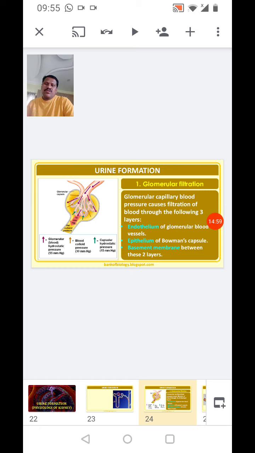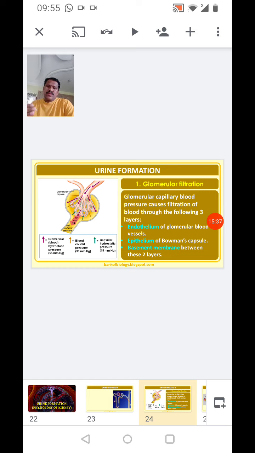Among the podocytes also, minute pores are present, known as filtration slits or slit pores. Through the fenestrations of the glomerulus and the filtration slits of Bowman's capsule, the blood is filtered. Between the endothelium of the glomerular capillaries and the Bowman's capsule, there is one more layer, the basement membrane.